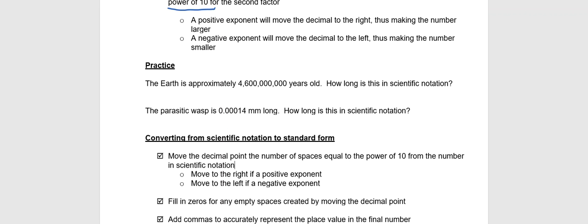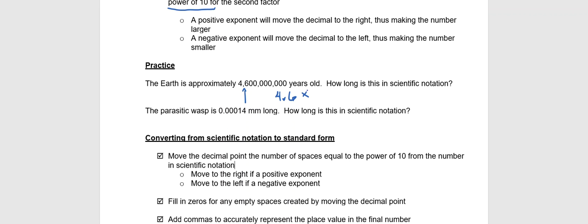So to write in scientific notation, we recognize where the decimal point would need to go. To make that first factor a number that is at least 1 but less than 10, our decimal point is going to have to get parked right between the 4 and the 6, which gives us 4.6.